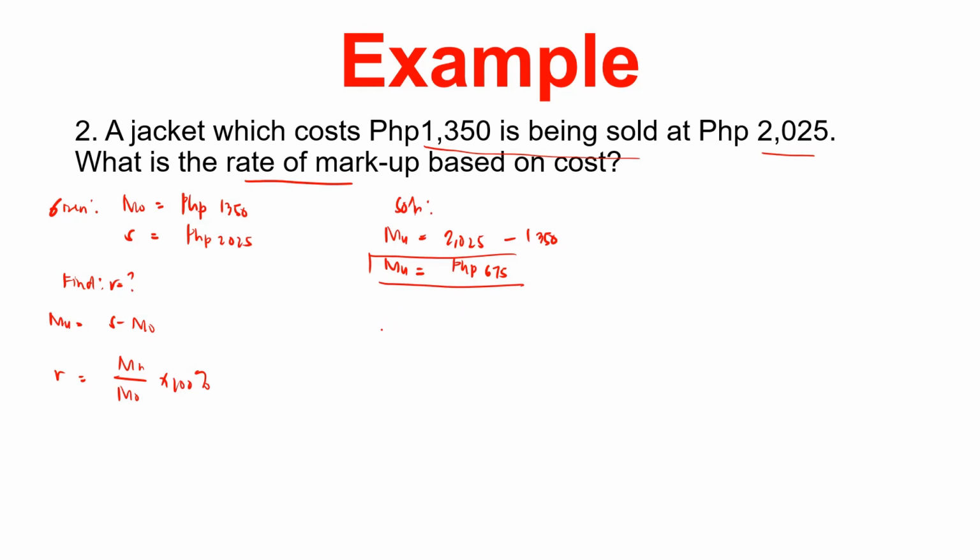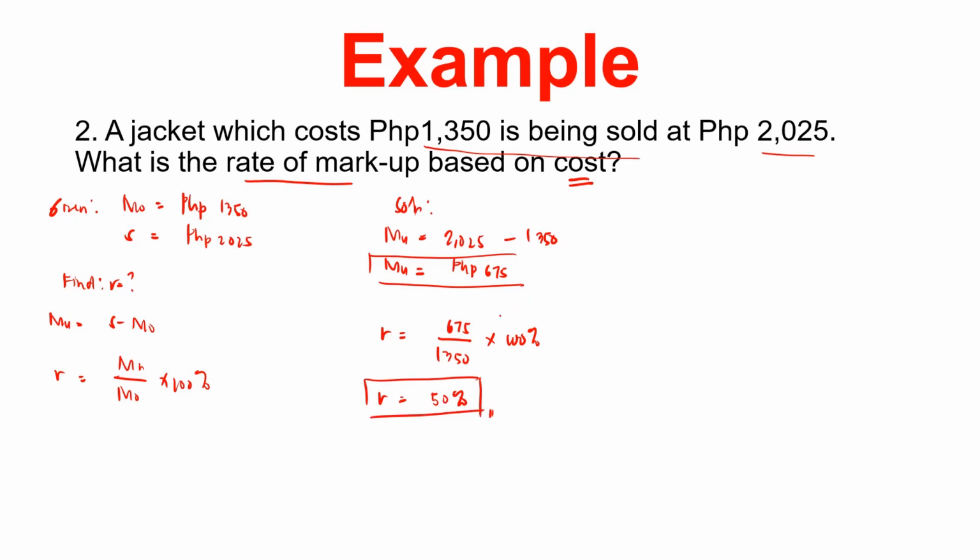Now, for us to get the rate of the markup, we're going to get the quotient of the markup, which is 675 over 1,350 because it is based on the cost times 100%. Okay? So you will get the rate of 50%.